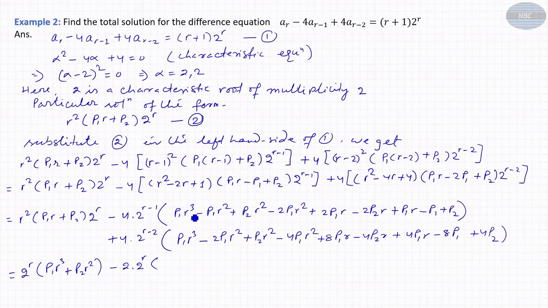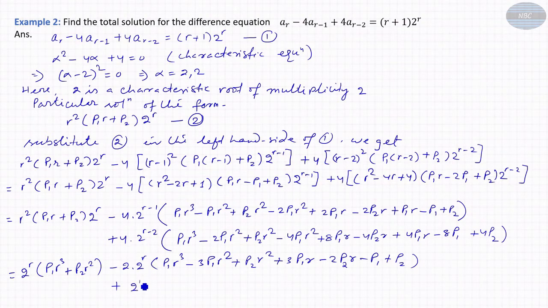Only one p1 r cube is there, so write it down here, p1 r cube. Minus p1 r square minus 2 p1 r square is equal to minus 3 p1 r square. In the same manner, simplify other terms, so we get 2 p2 r minus p1 plus p2. In the same manner, it will be 2 to the power r divided by 4. 4 will be cancelled out, we have only 2 to the power r.